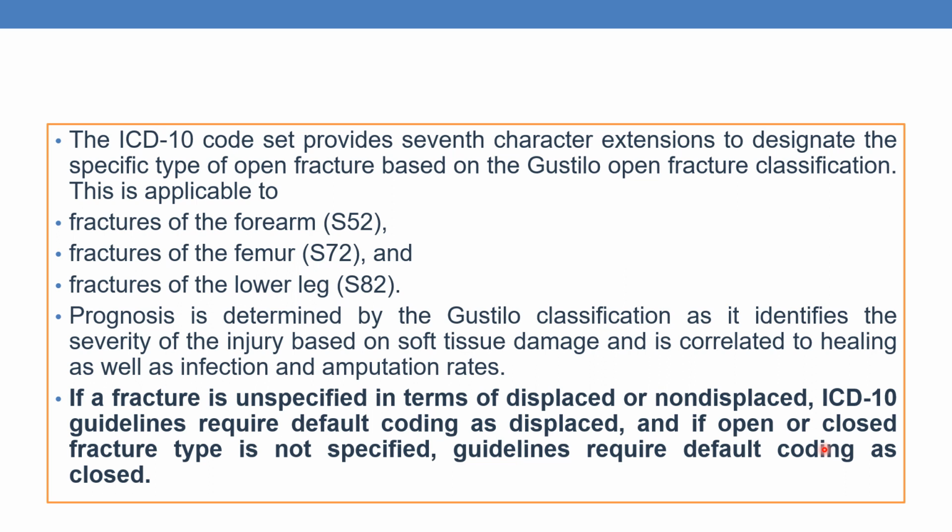And if it is not mentioned whether the fracture is open or closed, then you need to code by default closed fracture. By default displaced, by default closed. This is the ground rule.